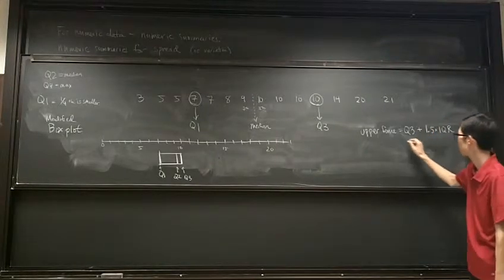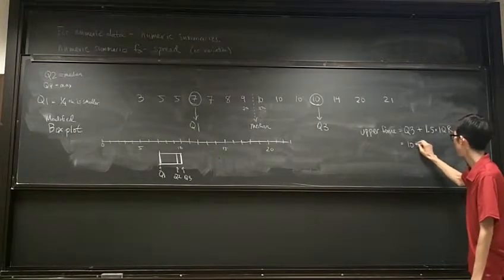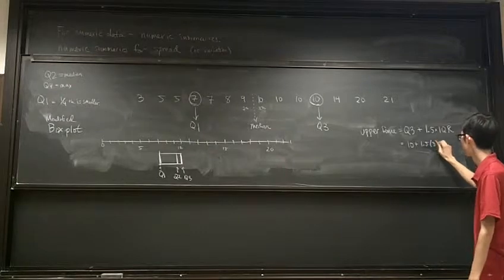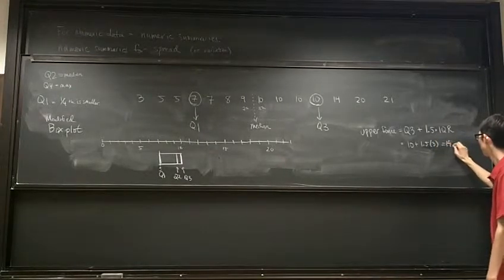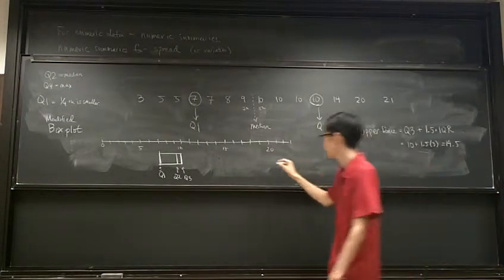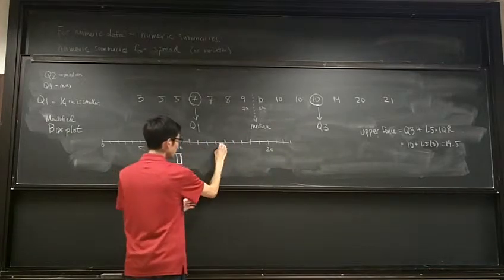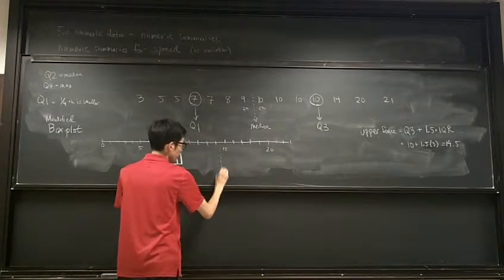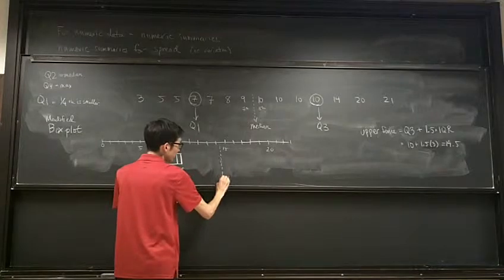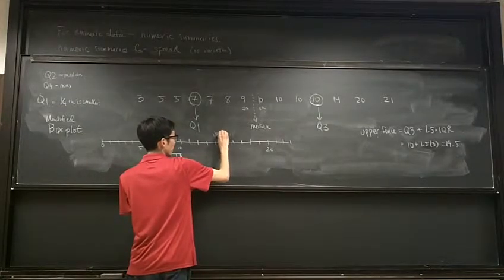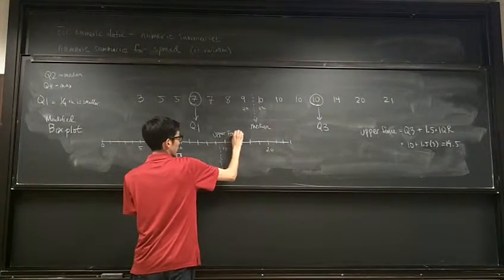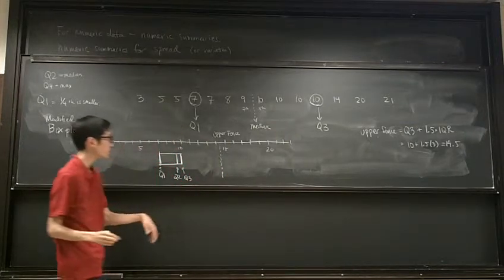In this case, it's 10 plus 1.5 times 3, which is 14.5. So I draw a line right there. This is my upper fence, or you can call it the UF.